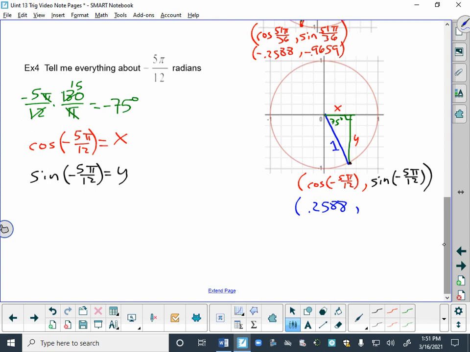And if I do the sine of that angle, I get -0.9659. The x-coordinate is positive, the y-coordinate is negative, just like it's supposed to be. So I can determine those points on the x-axis by doing the cosine of the angle to find the x-coordinate and the sine of the angle to find the y-coordinate.